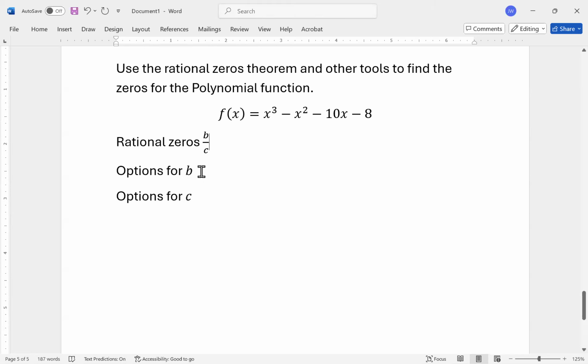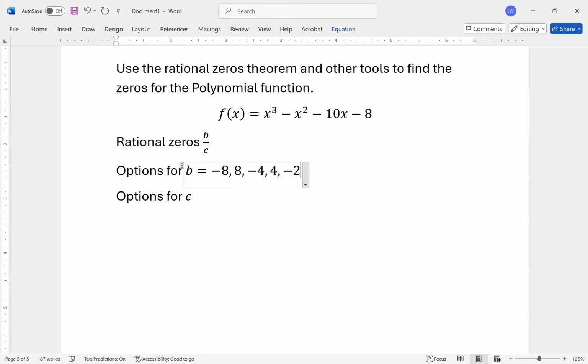So options for b are going to be, well, there's going to be a lot of them. What are factors of -8? Well, we can take -8 by itself. We can also take +8. Another factor of -8 is -4. Another factor is a +4.